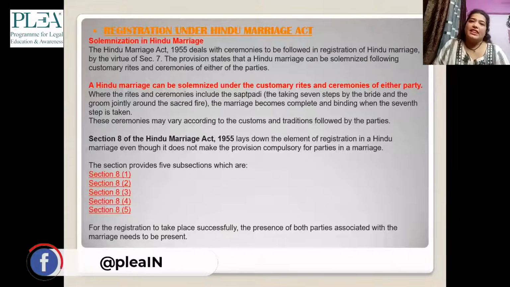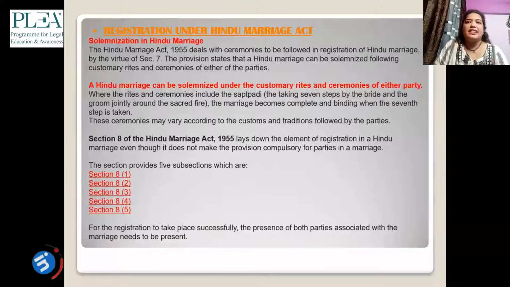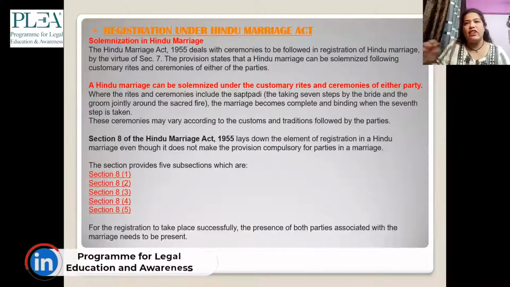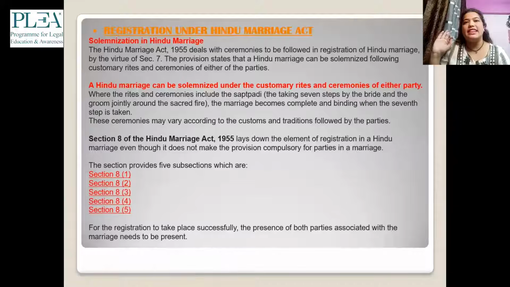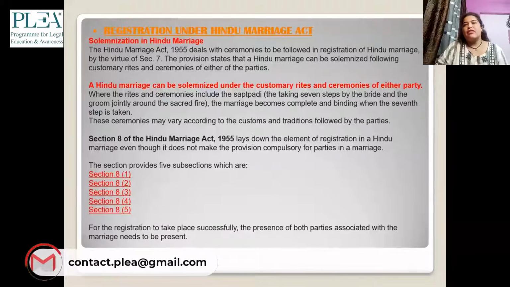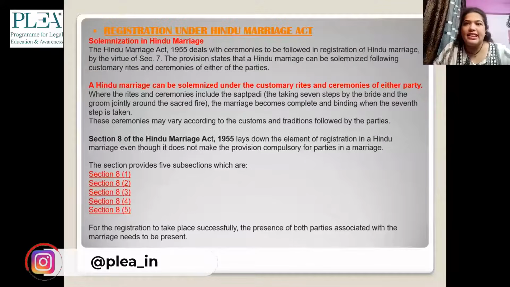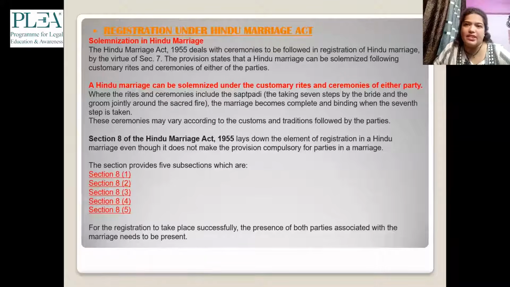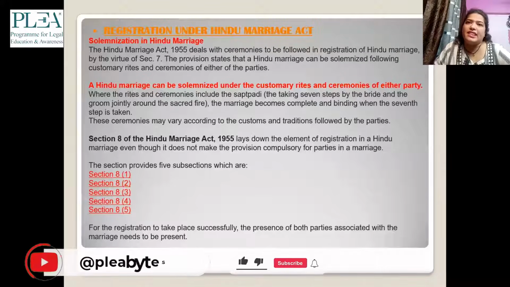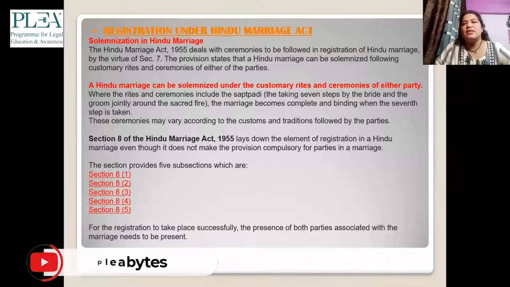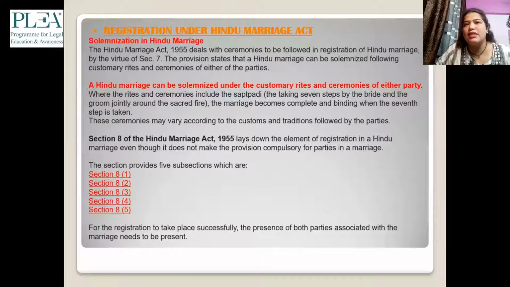So as per that, the marriage can be solemnized under the customary rites and ceremonies of either party, where the rites and ceremonies include the Saptapadi, that is the Sat Phere, taking 7 steps around a sacred fire and so on. Then the marriage becomes complete and binding when the 7th step is taken. These ceremonies may vary as per the customs and traditions followed by the parties. As we all know, India is a diverse country.